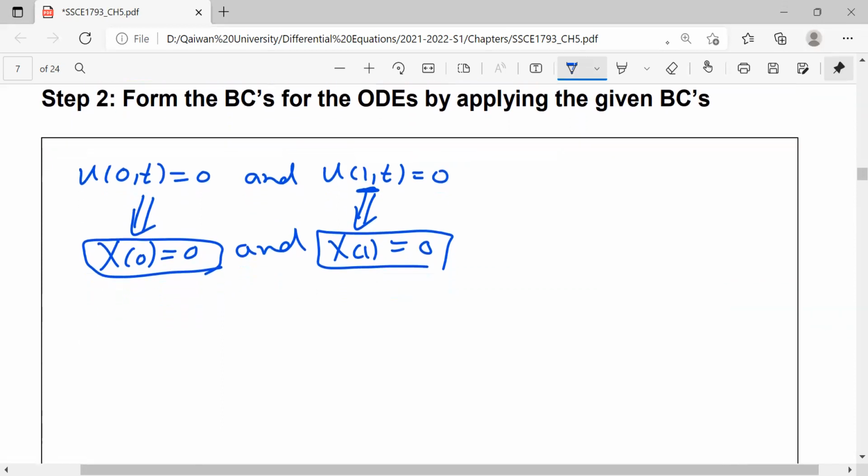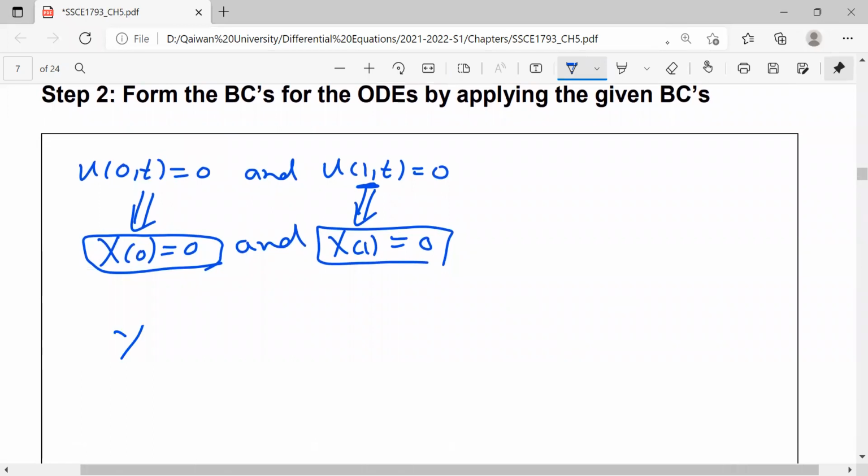And the differential equations are x double prime minus lambda x equals 0, and also t prime minus 4 lambda t equals 0. We have these two differential equations and those two boundary conditions.